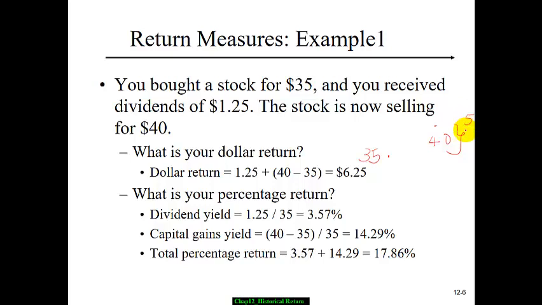This is called capital gain. Meanwhile, you also received $1.25 in the form of a dividend. So your total dollar return is $6.25. The initial amount of money you spent is $35. So divide by 35, and you convert to the percentage returns: dividend yield and capital gain yield.